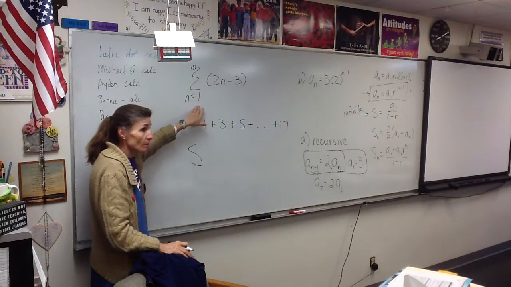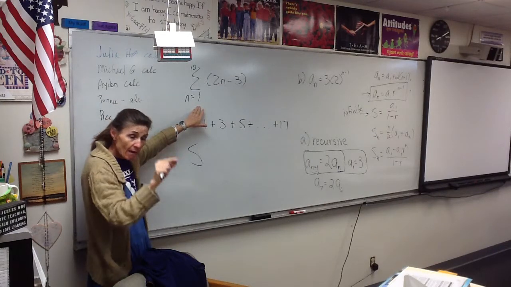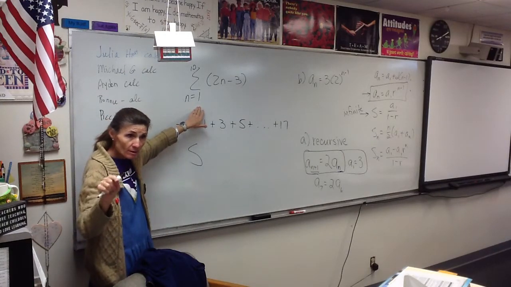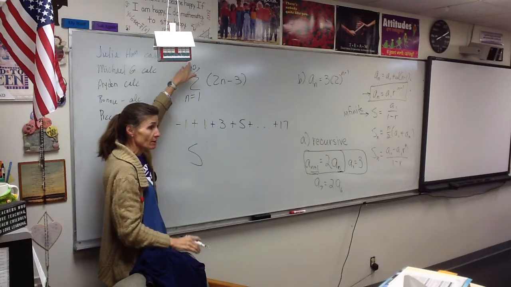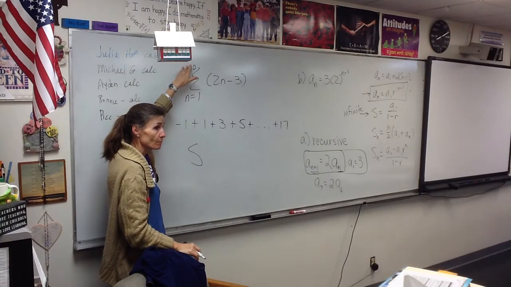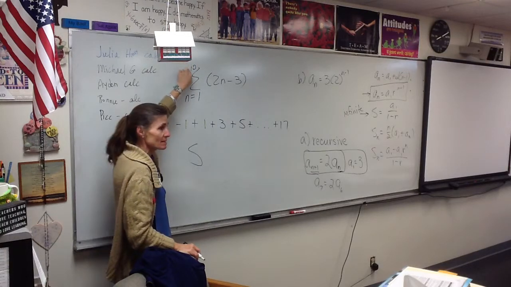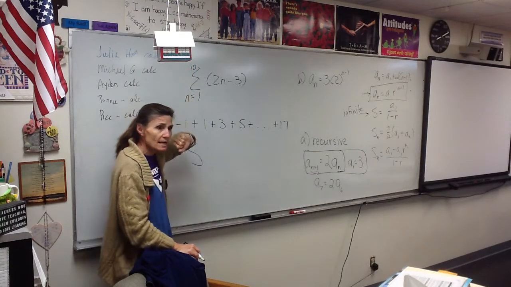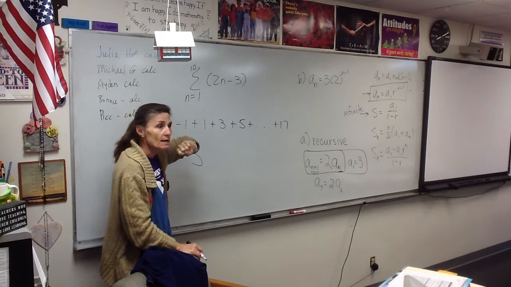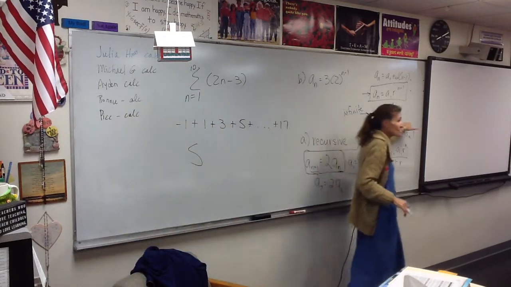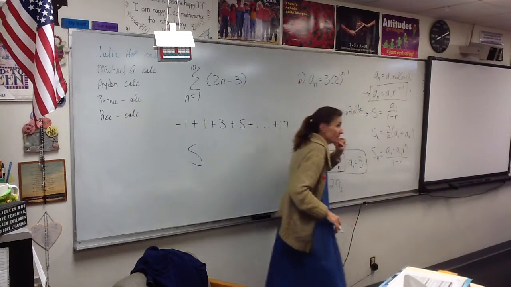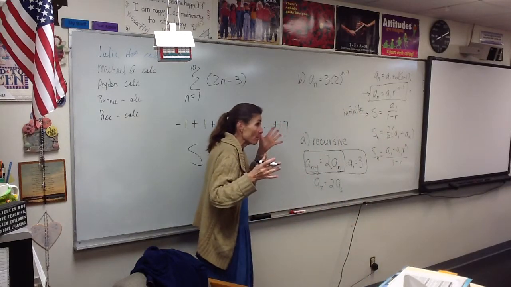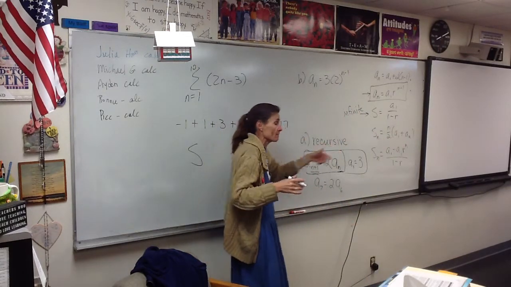Start with this number, and we're going to plug in every single number until we get to here. What do you think if that was missing? If there were no top number, what do you think that would signal to me? Infinite. That would be when I would use this formula, right? Because that would mean there's no stopping point. It just keeps going, going, going, going.